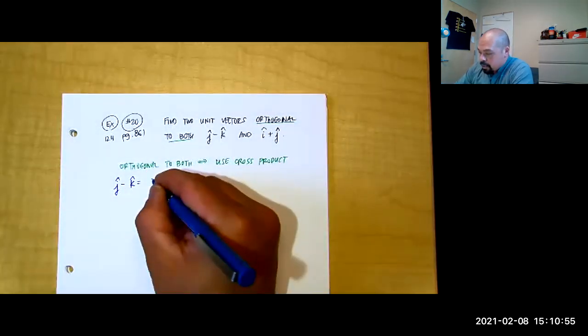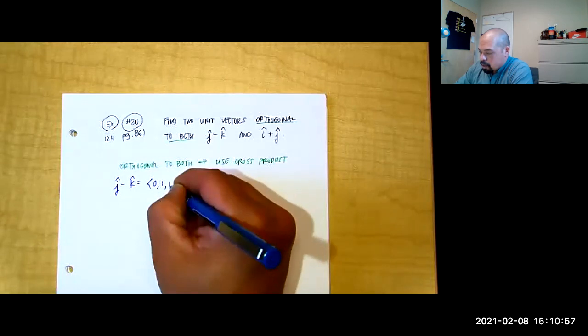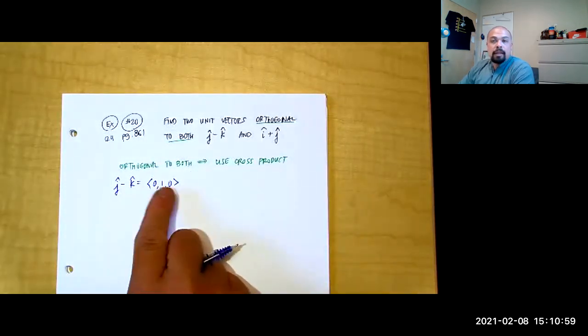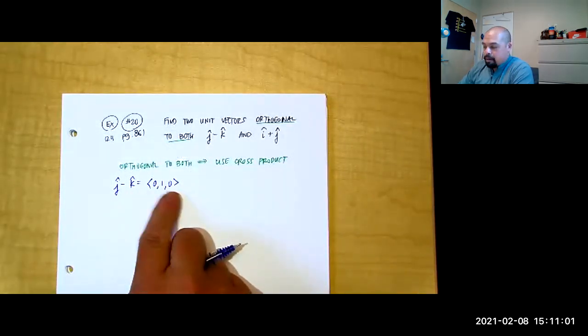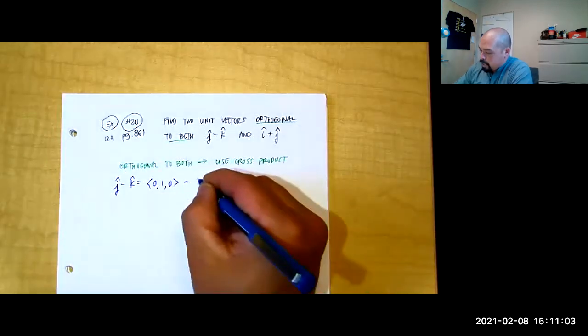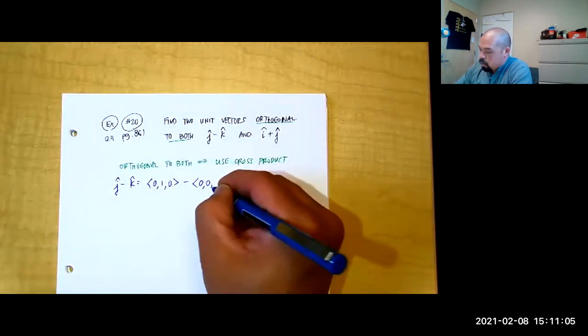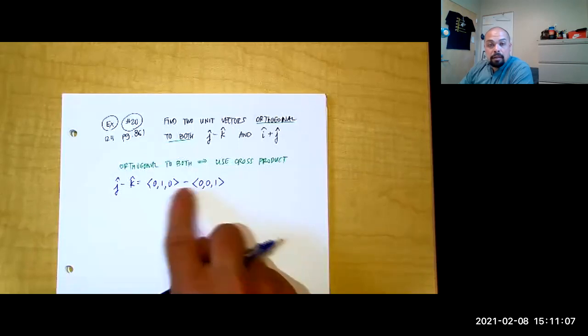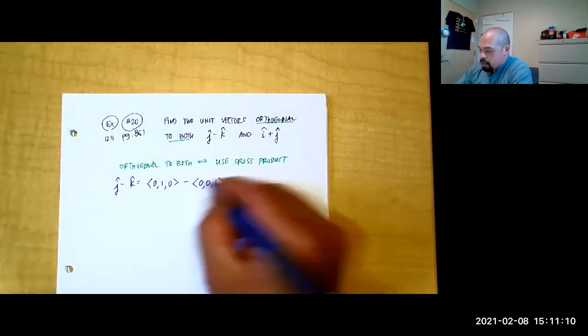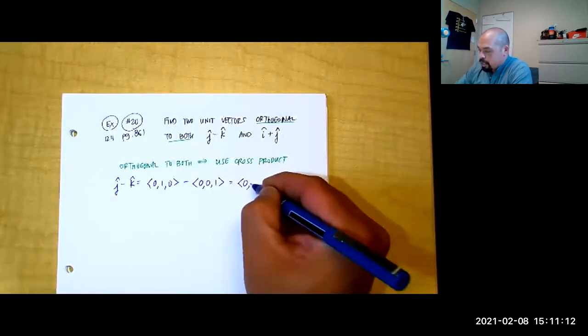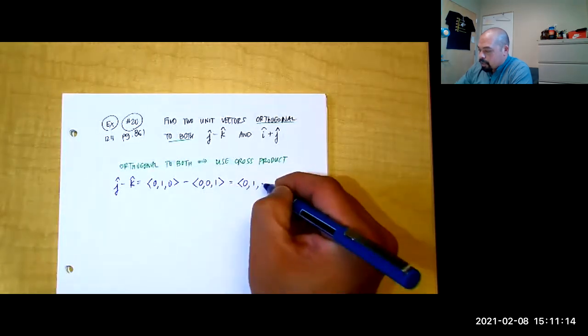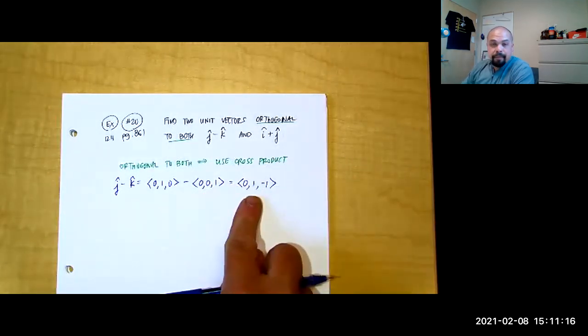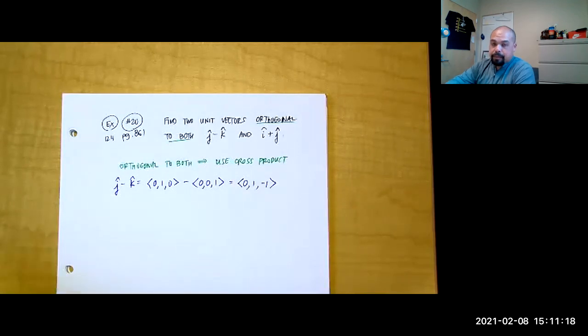Thinking in 3 dimensions, that's 0, 1, 0. So there's my unit j vector, right? That y direction, minus 0, 0, 1, the k vector, the z. So doing that subtraction, 0 minus 0, 0, 1 minus 0, 1, 0 minus 1, -1, right? So there's that resulting vector.